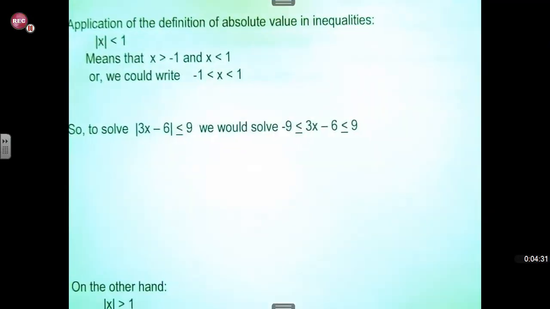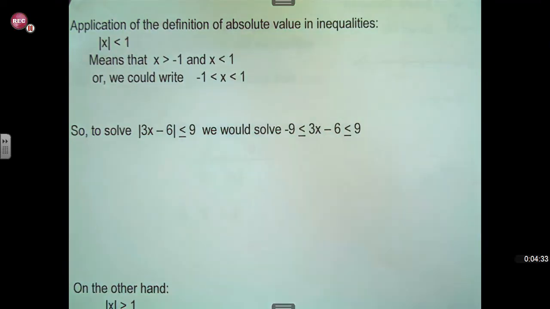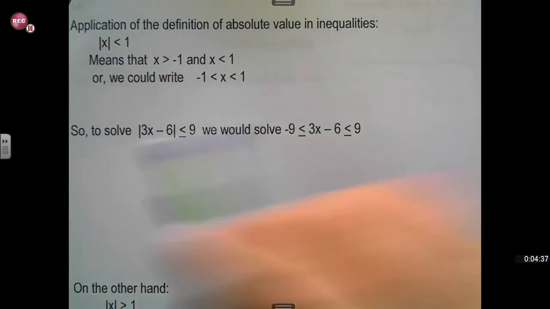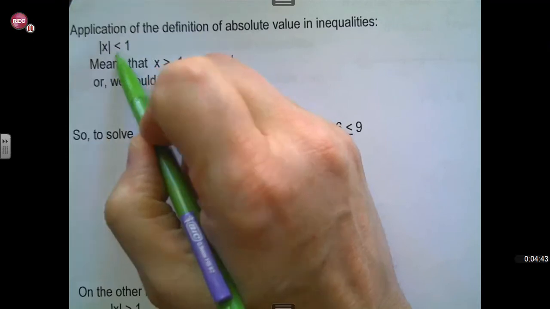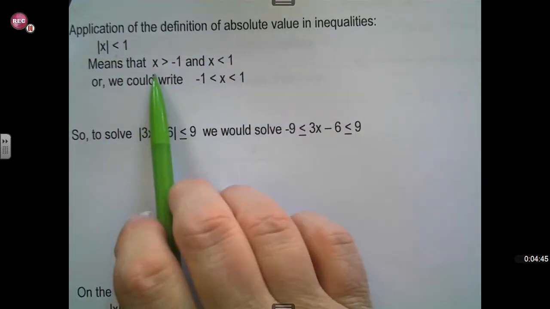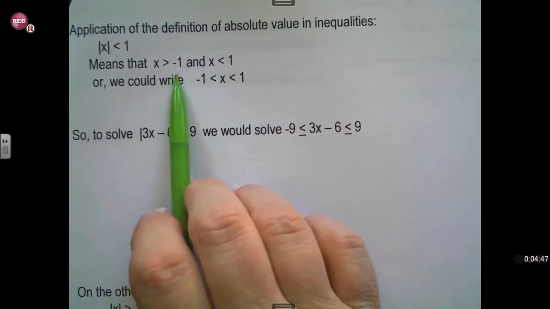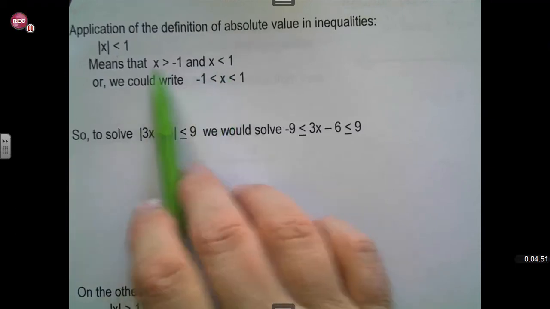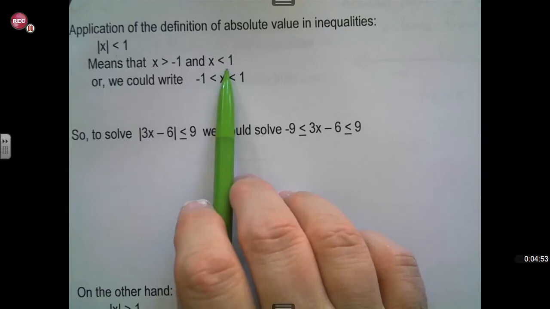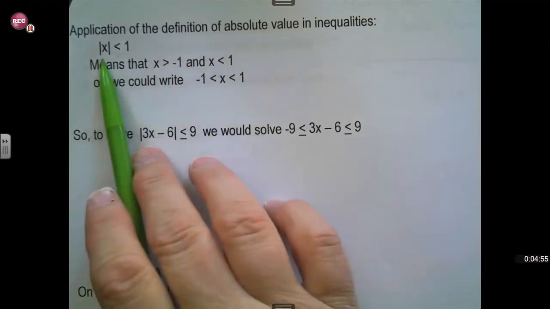When we get to inequalities, it's a different story. And this is why we studied compound inequalities. So when we have a less than symbol, that means that x is greater than -1 and x is less than 1. That's how we apply the definition of absolute value to an inequality.